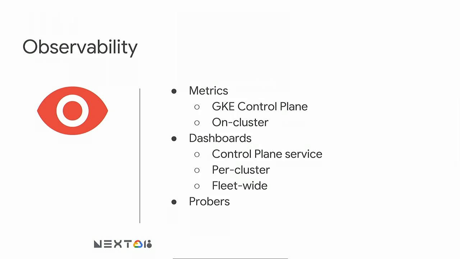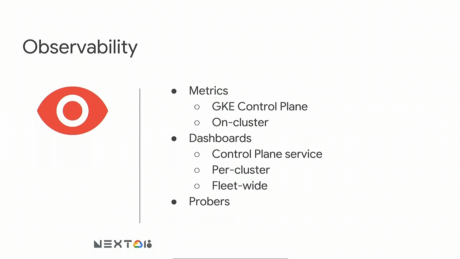So in order to do this, we need to have good observability and strong insights into the system behavior. So we care both about the GKE platform as well as every single cluster. And we do this by gathering metrics on both of those aspects and visualizing them on dashboards using an internal Google version that's been around for years, used by all SRE teams.